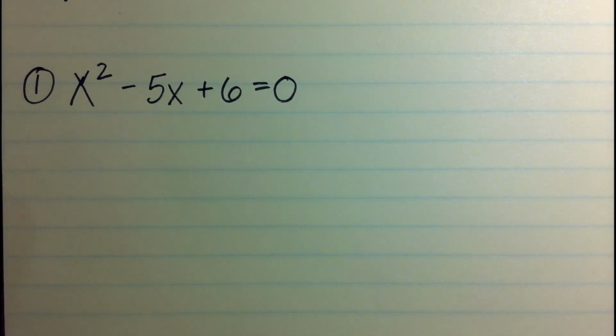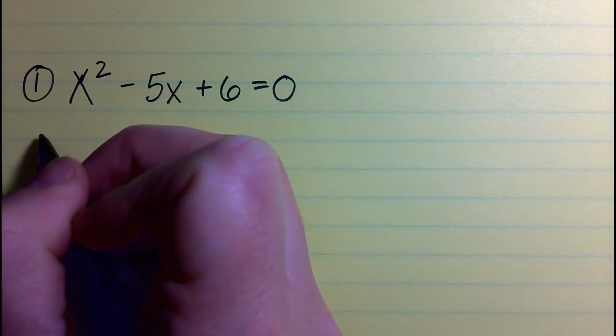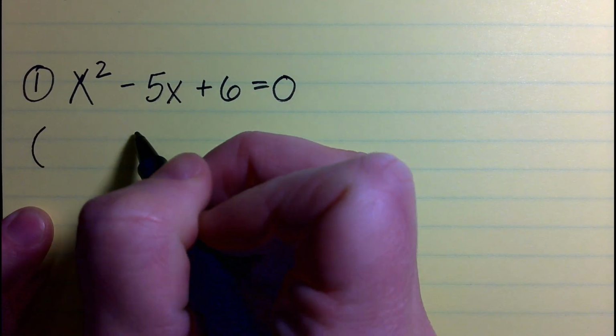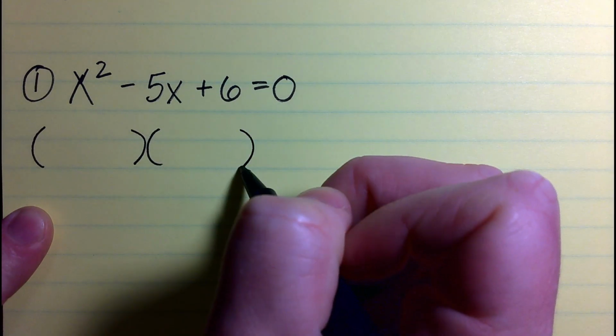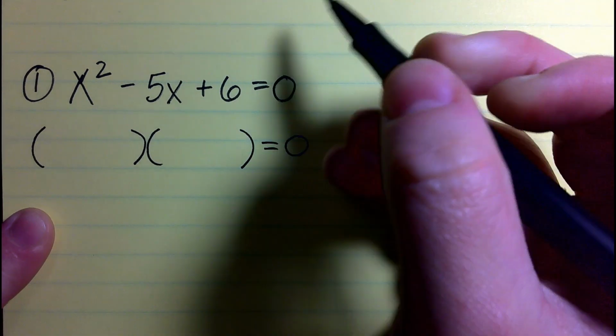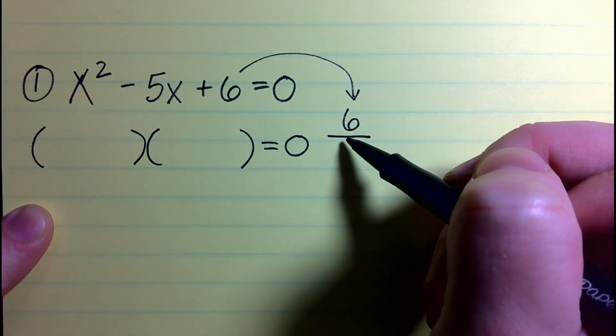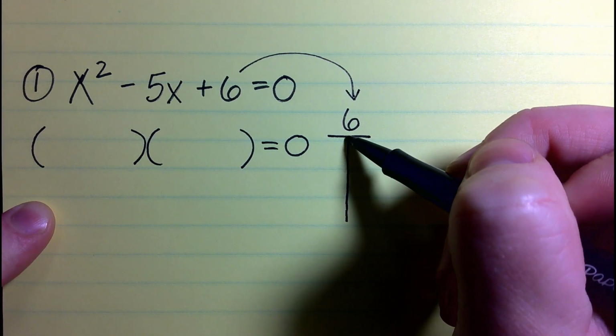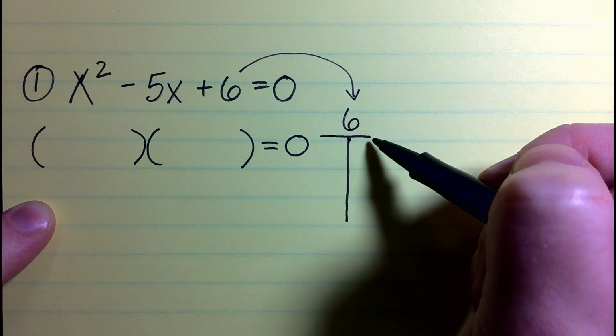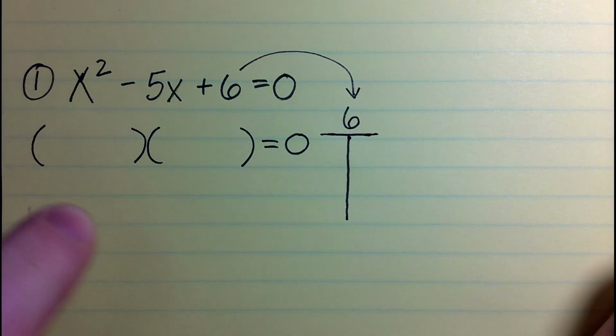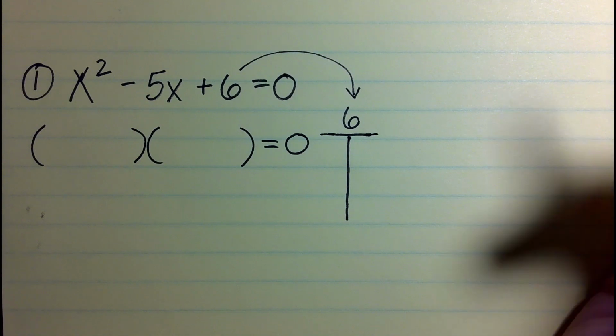So how are we going to go from here? Find factors of 6 and write your equation. I'm going to write what the format for my factored form is going to look like. Now let's find our factors of 6. What are the factors of a positive number? What signs will they have?